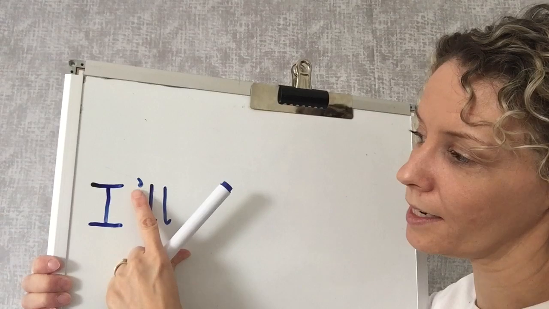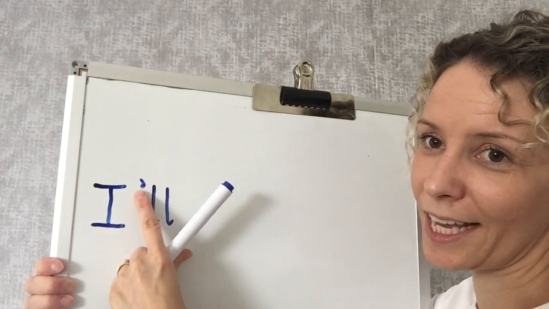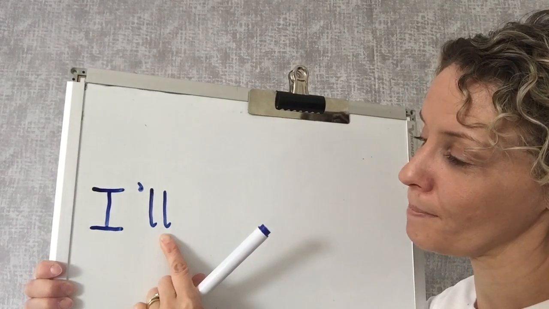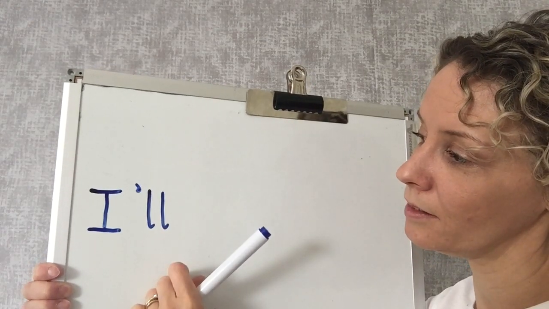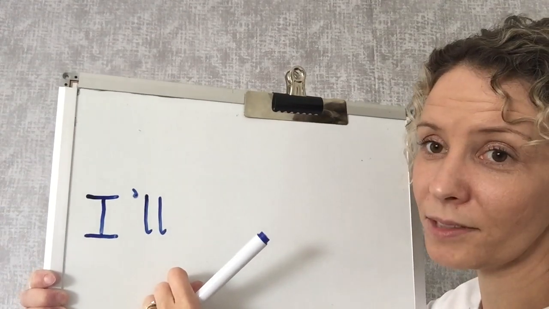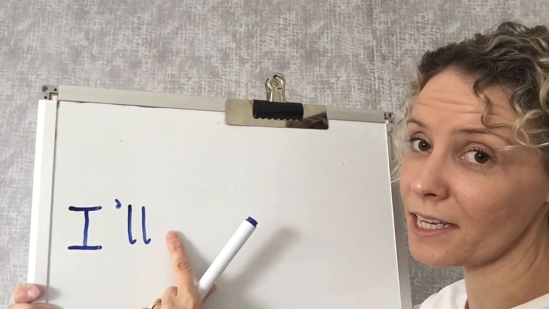I. And then your little fly in the sky, your apostrophe. And then ul. I'll. Done it? Well done. Then we need a finger space and we're going to do oink. I'll oink. So oink, we need the oi sound.